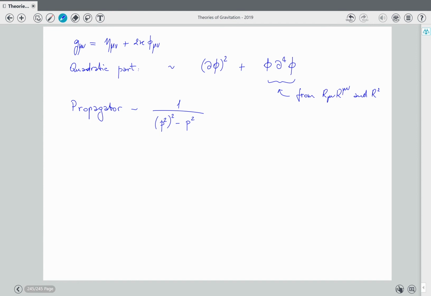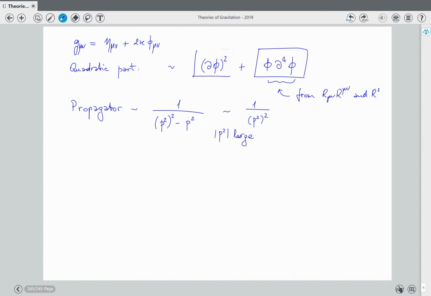So in the ultraviolet at high energies, for p squared large, this propagator decreases like p squared squared, not p squared. And that's sufficient to make the theory renormalizable. Why? Because now the dominant term in the ultraviolet is this one, not this one. This one is not important in the ultraviolet.